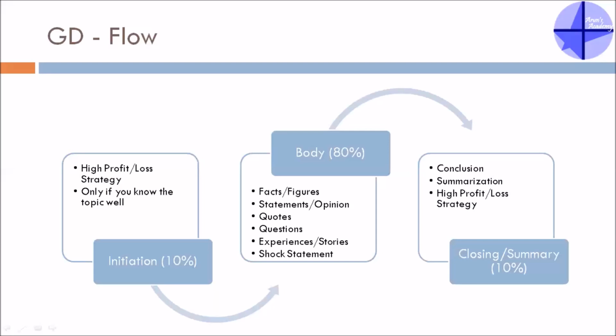For example, in a GD about economy, a statement like India has always been dependent on countries like China for its survival is a shock statement. Use these only if you have valid points and facts to support your statement. Taking a clear stand always shows that you have clarity of thought.